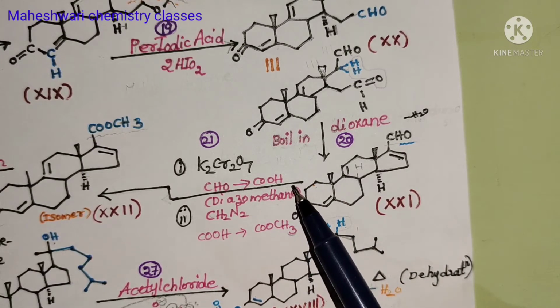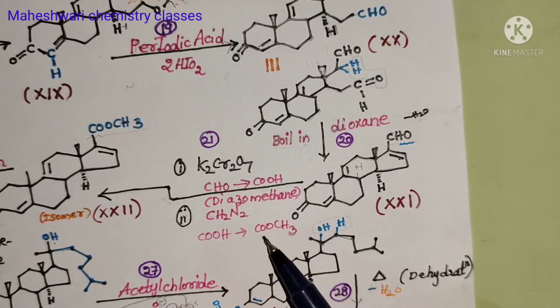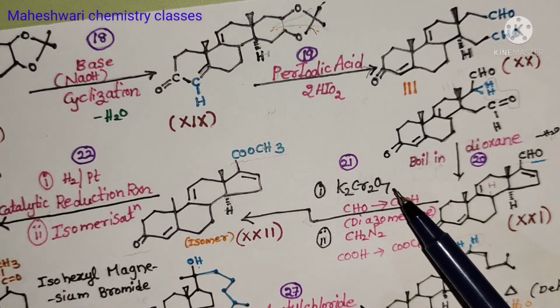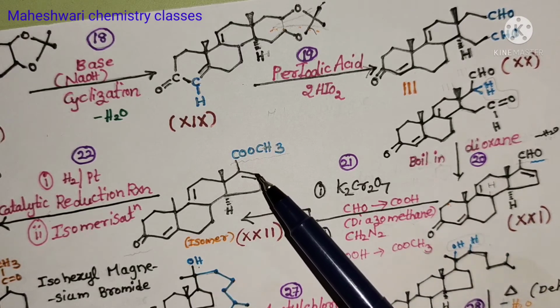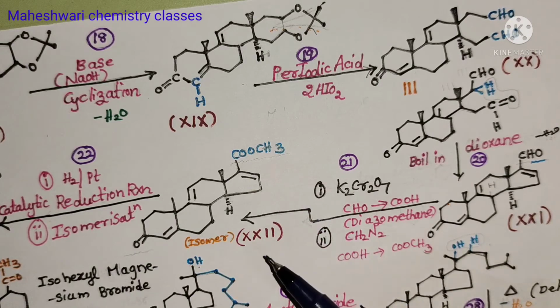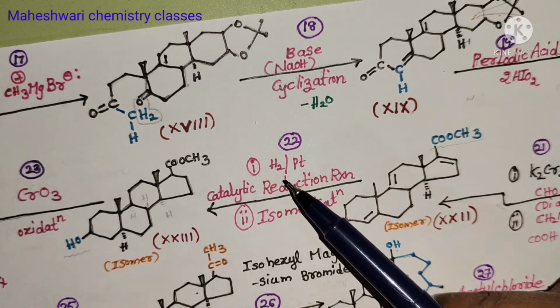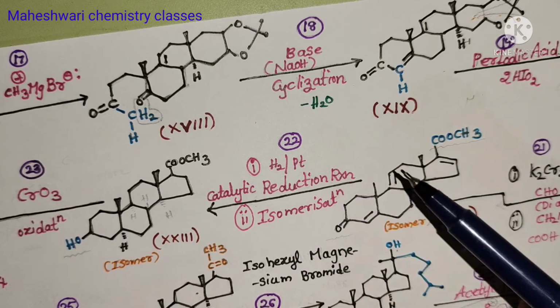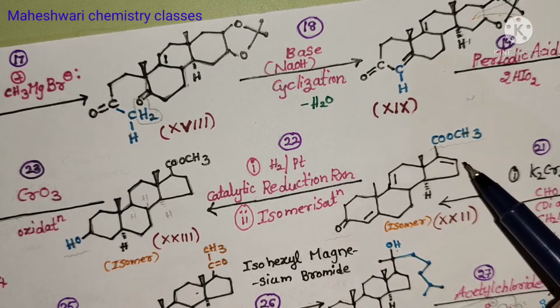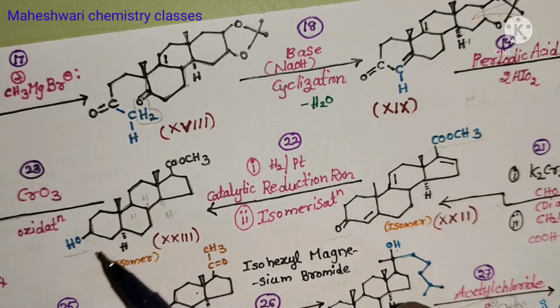This COOH again reacts with diazomethane, at that time this carboxylic acid is converted to the ester COOCH3. So simply in the presence of potassium dichromate and diazomethane, this CHO group is converted to COOCH3. This is our compound number 22. In the presence of hydrogen and platinum, it shows catalytic reduction, complete 4 pi bonds, 1 2 3 4, 4 pi bonds are converted to single bonds.